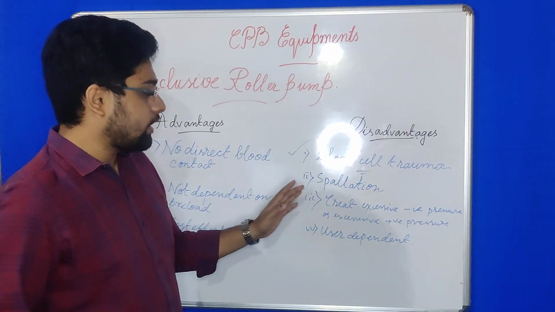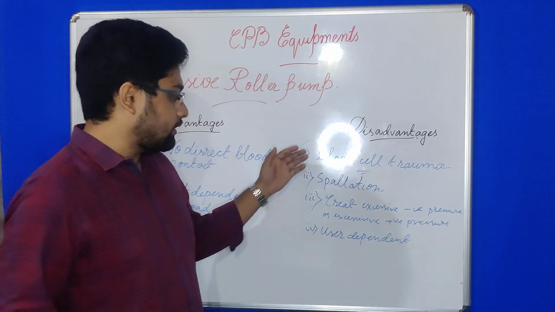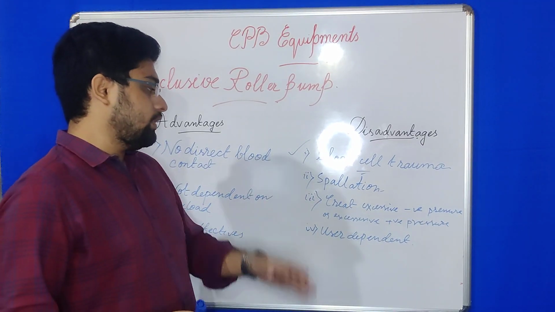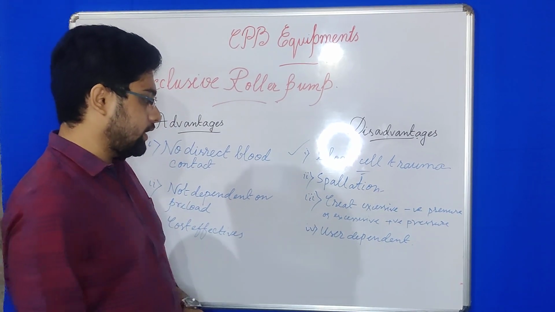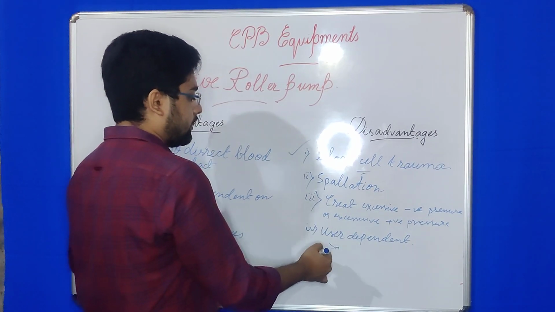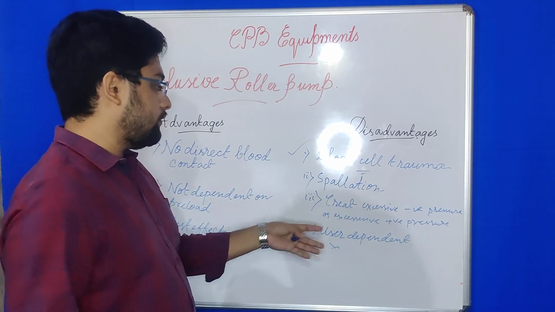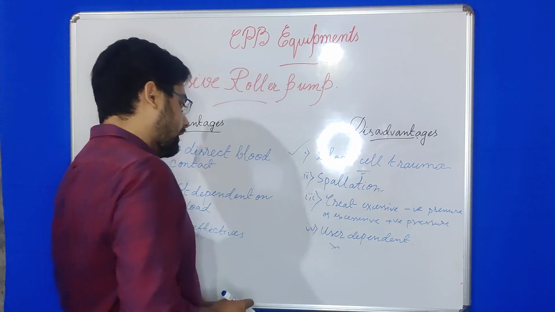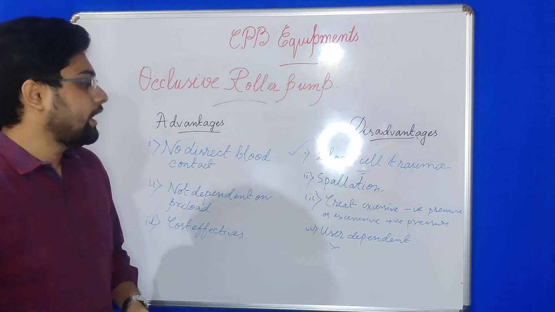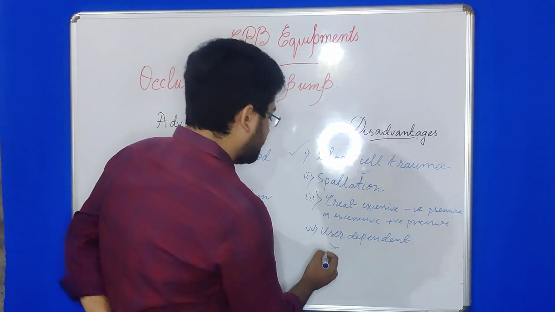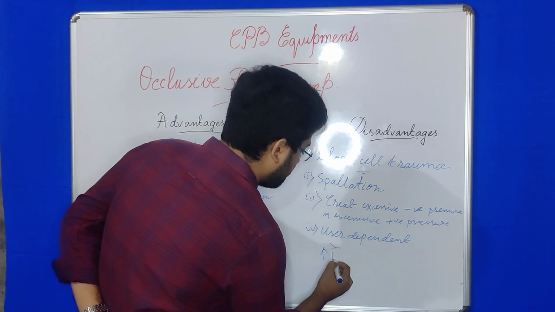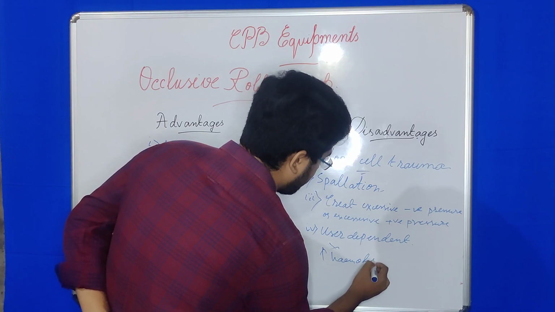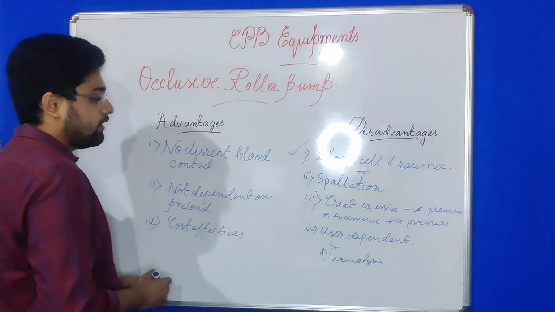Now what happens if the occlusion pressure is not adequate or it is over occluded? If under occluded, it will not suck the blood from the reservoir, so we will not be able to generate the blood flow. And if over occluded, it will cause an excessive amount of hemolysis, that is blood cell trauma.